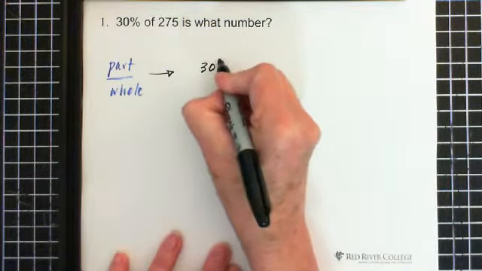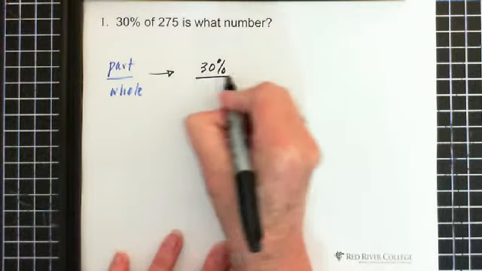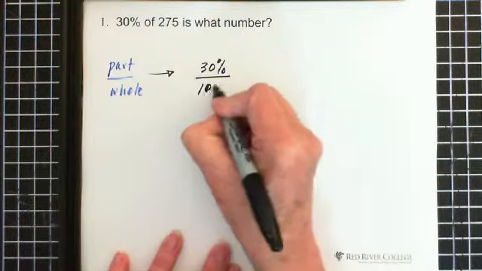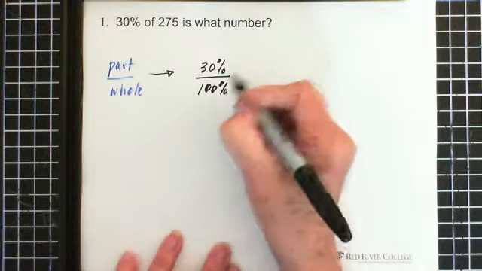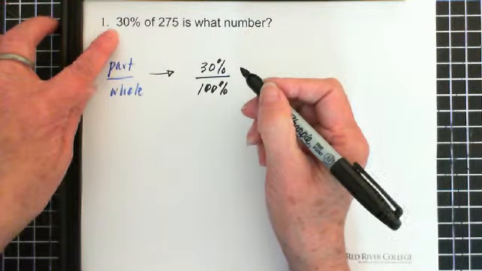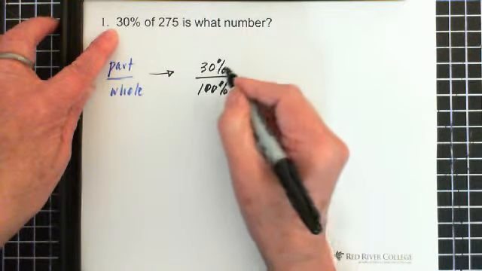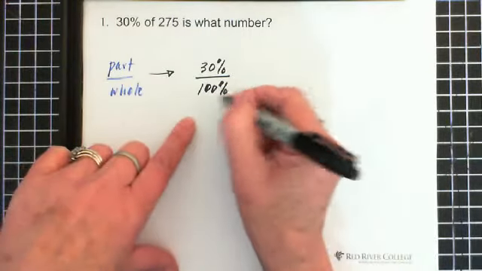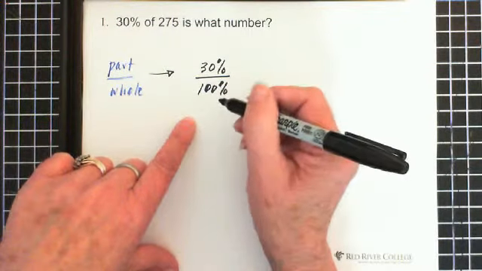So in percent, anything that isn't 100 is the part. Even if this number was 430%, if it was really high, it would still be the part. So the part of the whole, because 100% is always a whole in percent.